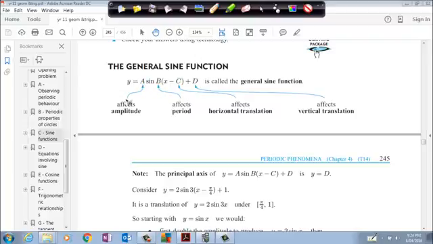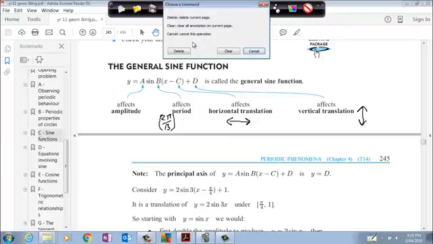The number at the front affects the amplitude, the number in front here affects the period, and the period is given by 2 pi on b. And the c affects the horizontal translation, that's whether it goes left or right, and d affects the vertical translation, whether it goes up or down. That's called the general sine function, and we can see now with a few examples how that works.